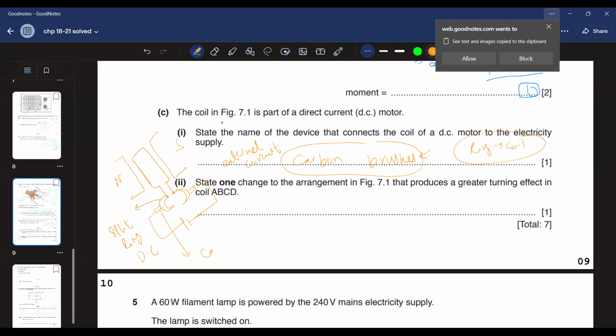These are the carbon brushes for external circuit. This is armature. And split rings are also known as commutator.